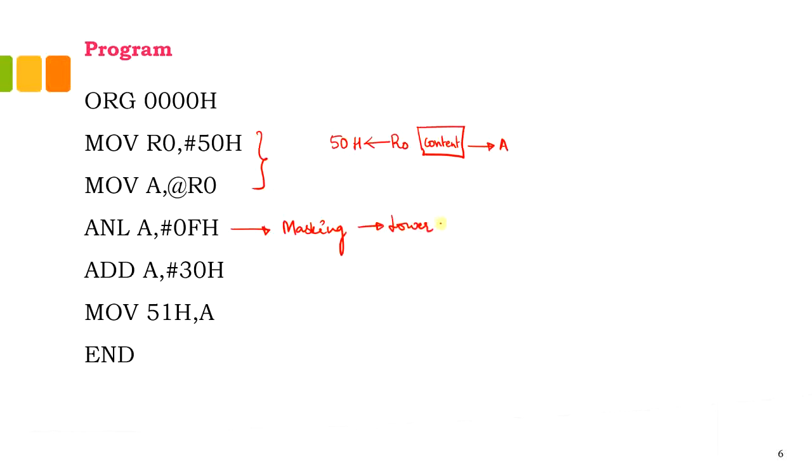Once that is done, the result of that will be stored in the accumulator, which has to be added with 30H. Finally, we want our result to be moved to 51H. So whatever data on addition which is available in the accumulator has to be moved to 51H, and then you need to terminate the code.